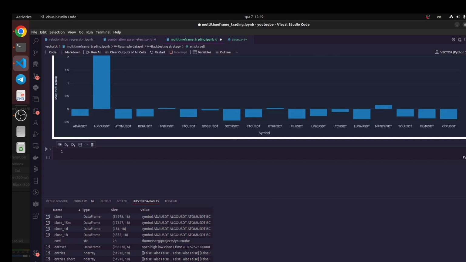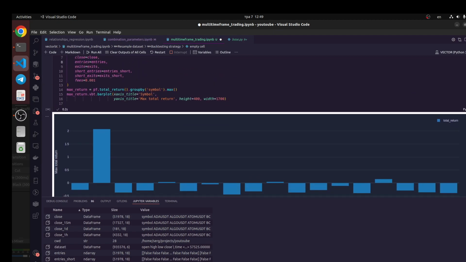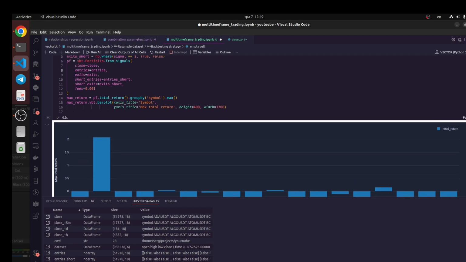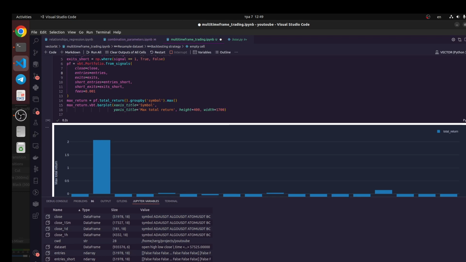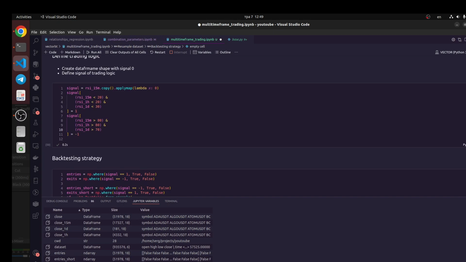Wow, it's also very interesting, and you see we have very nice ideas for ALGO USDT, and we found some profitable ideas, and it means we could use these ideas to improve our approach. And usually the correct way, it means we should find a multiple combination like I showed you before.